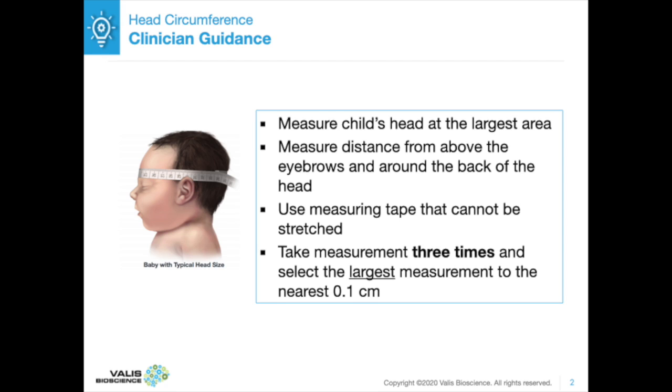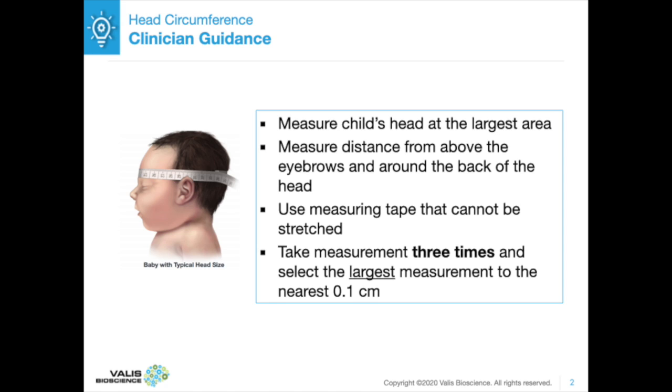Head circumference measurements are often considered difficult, even for clinicians, due to individual differences in head shape, hairstyle and texture, the child's cooperation, and differences in tape measure placement and tautness. Before we provide instructions on how to guide the caregiver to perform the head circumference measurement on their child, we will review the CDC guidelines for clinicians performing the head circumference measurement.